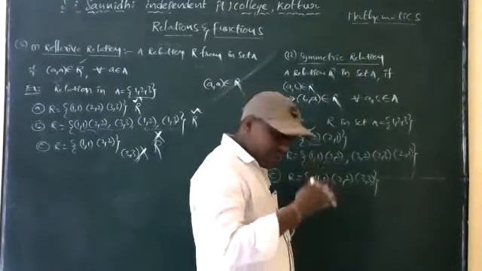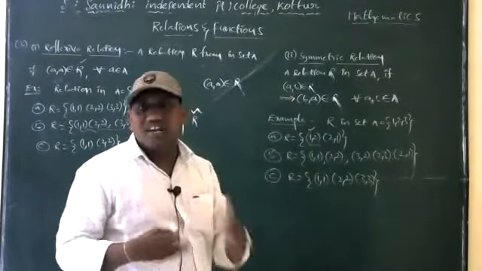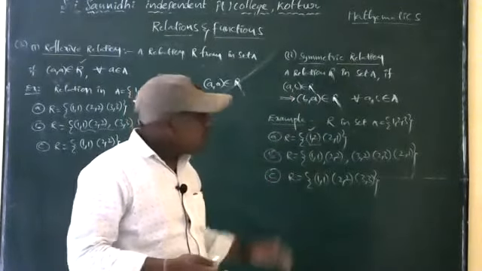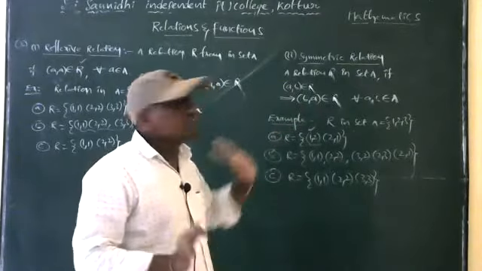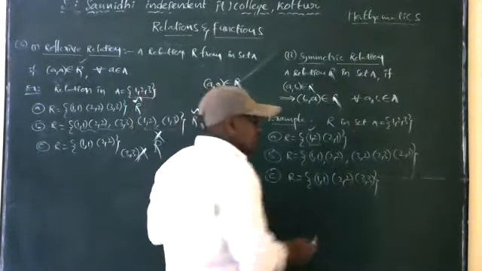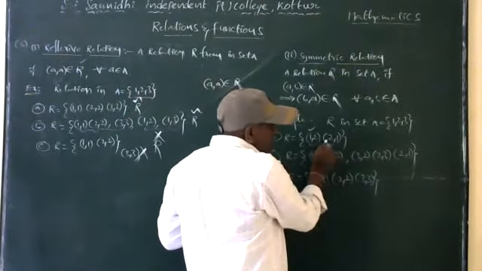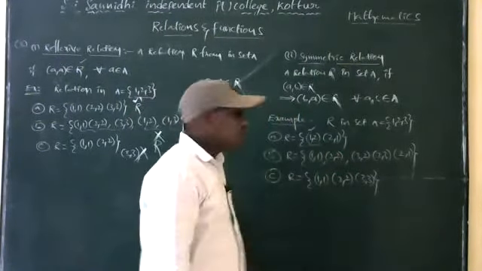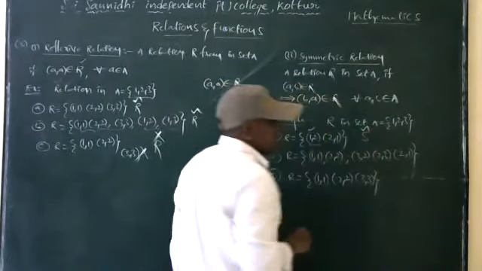All ordered pairs in the relation must satisfy this condition. For all ordered pairs satisfying this condition, then only that is called a symmetric relation. Clear? So 2 comma 1 has 1 comma 2 as its reverse, that's why it is symmetric.